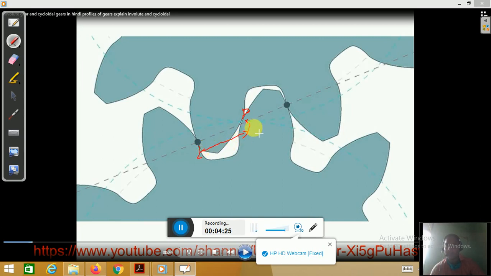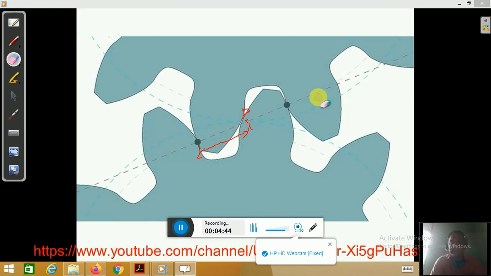The distance from the pitch point to the last point of contact is called the path of recess. Therefore, the path of contact is the addition of the path of approach and the path of recess.